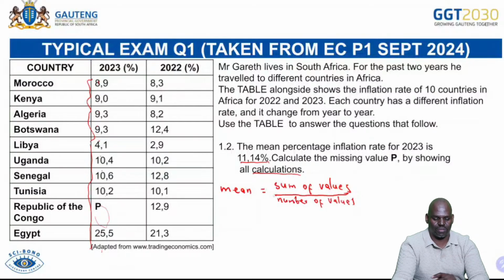But let us look at this. In this case, we are not going to calculate the mean because the mean is given, it's 11.14. For the sake of calculations, I'm just going to leave the percentages out.